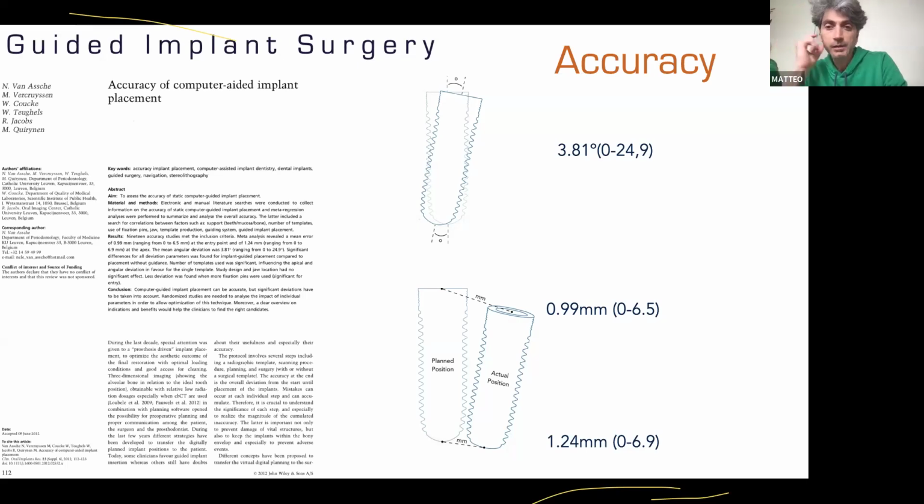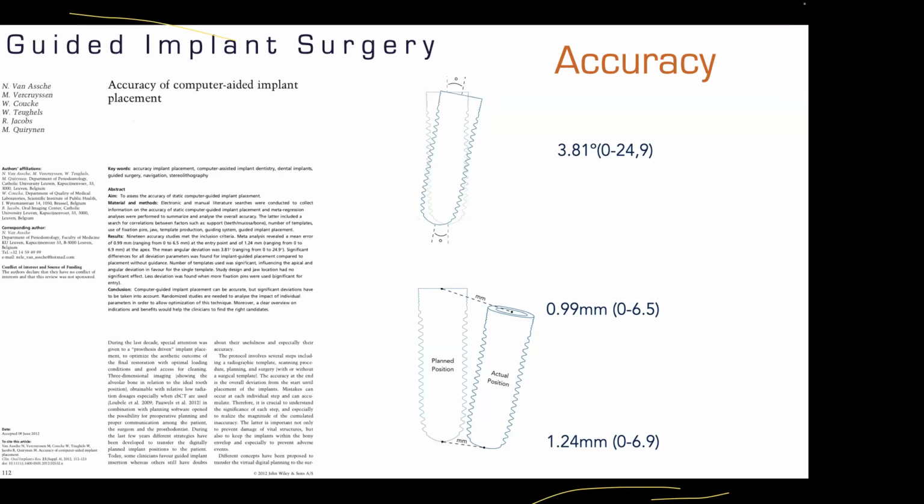And these differences in some cases can be big differences, but on average we have like 3-4 degrees of difference, and 1.5 millimeter of the difference between the planned position and the final position at the shoulder and at the apex of the implant.